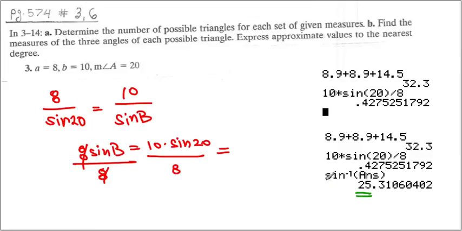But sine can be positive in two locations. One location being in the first quadrant. Another would have been the second quadrant. Using this one as a reference angle, the another measure of the angle could have been 180 minus 25, which would be equal to 155. Now let's see if both of them are possibilities.